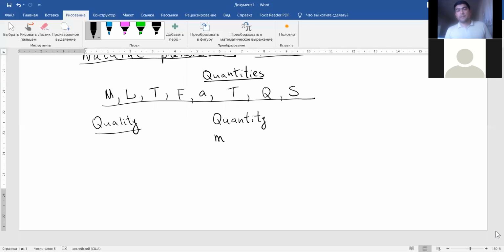For example, mass is 10 kilograms, or velocity is 100 kilometers per hour. So in physics, we deal with quantities. We exactly say what the quantity is. So how much is the value of the quantity? This is called the value of the quantity. This is the quantity itself. For example, mass has a value of 10 kilograms. Velocity has a value of 100 kilometers per hour.